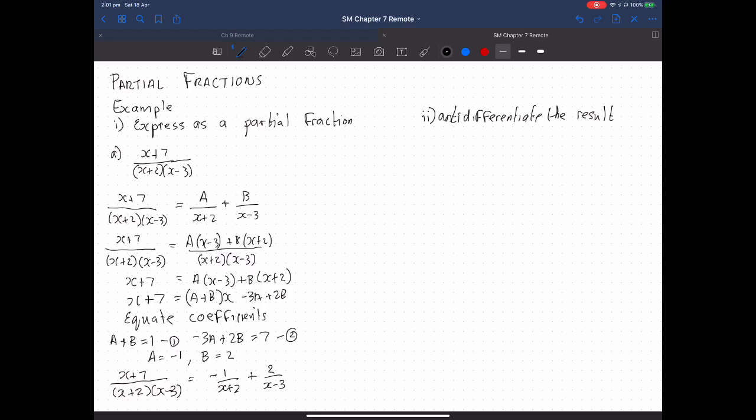We've now expressed (x + 7) / ((x + 2)(x - 3)) as a partial fraction. Now we've been asked to anti-differentiate this partial fraction. We have got the antiderivative of (x + 7) / ((x + 2)(x - 3)) dx, we now know is equal to the antiderivative of -1/(x + 2) + 2/(x - 3) dx.